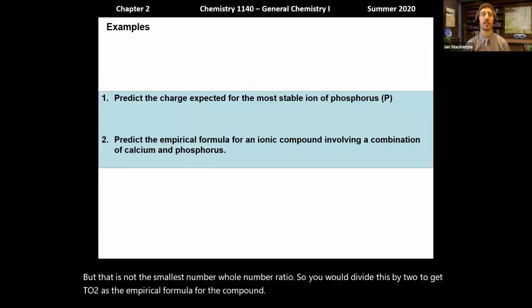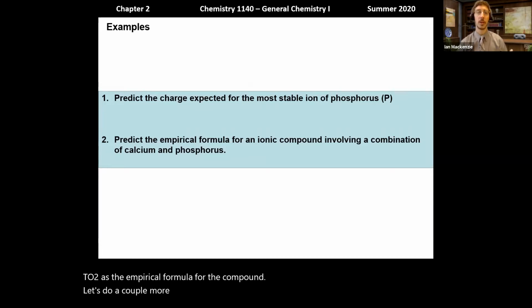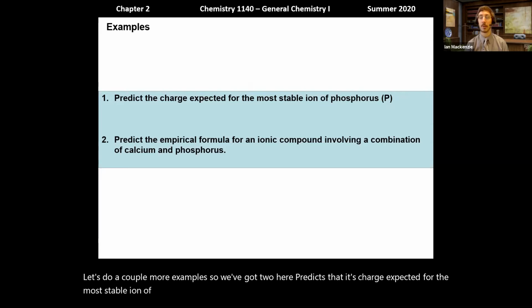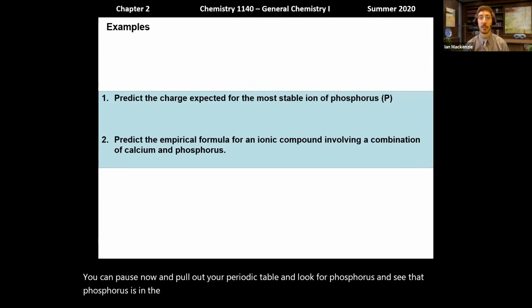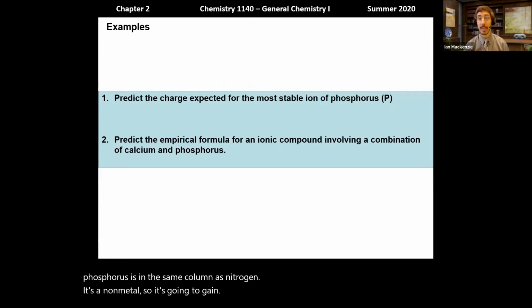Let's do a couple more examples. So we've got 2 here. Predict the charge expected for the most stable ion of phosphorus. Well, you can pause now and pull out your periodic table and look for phosphorus and see that phosphorus is in the same column as nitrogen. It's a nonmetal, so it's going to gain electrons.